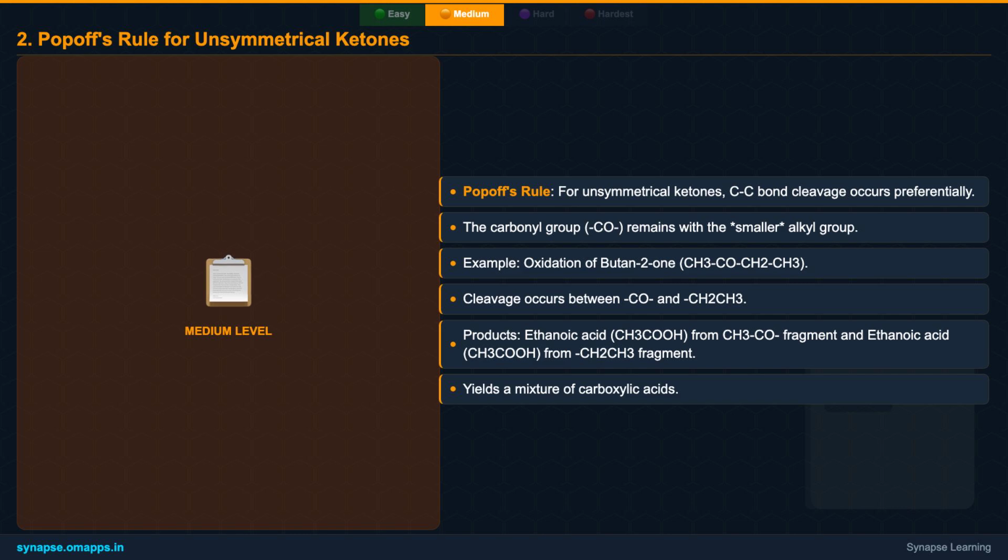What's left are carboxylic acids, but with fewer carbon atoms than the original ketone. And here's where Popoff's rule comes in, guiding us on how unsymmetrical ketones break apart. It states that the carbonyl group prefers to stay with the smaller alkyl group during this cleavage, predicting the products.